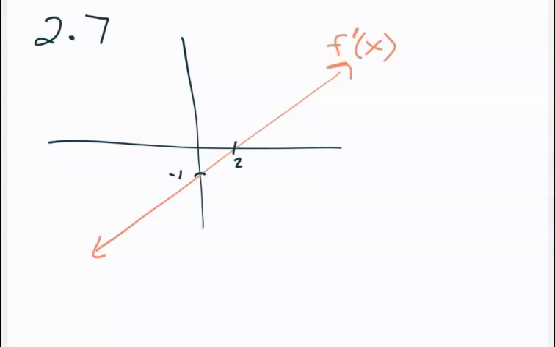We don't know what the other graph looks like, but I do know some important things about the original graph. If the derivative is giving me 0 at 2, that tells me that the slope of the original function is 0 at x equals 2. And so their question here is, how many critical points does the original function have?